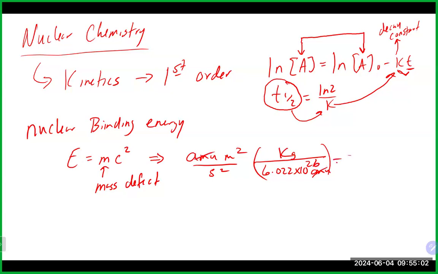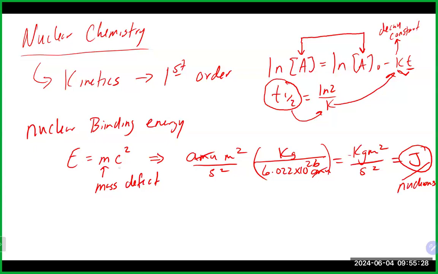That gives you units of kilograms meter squared per second squared, and that is equal to a joule. So if you take Einstein's equation, that is the pathway to get to the binding energy. Usually at the end we divide by the number of nucleons, which is basically the mass number, the particles in the nucleus.